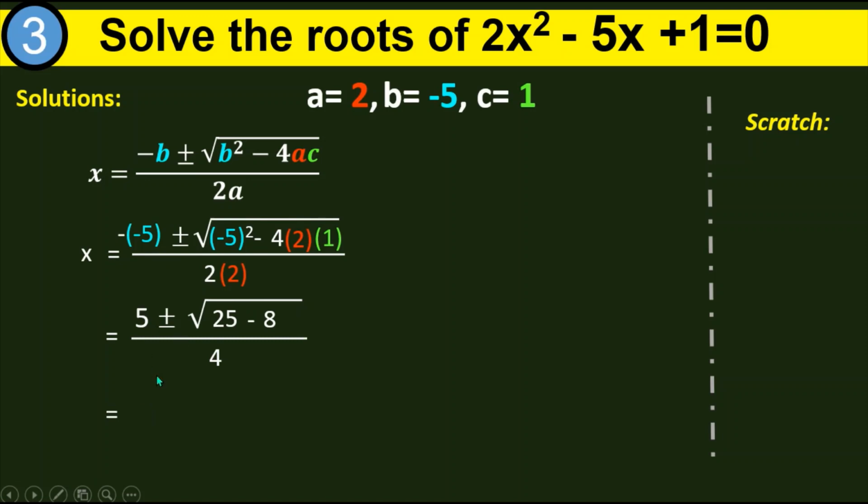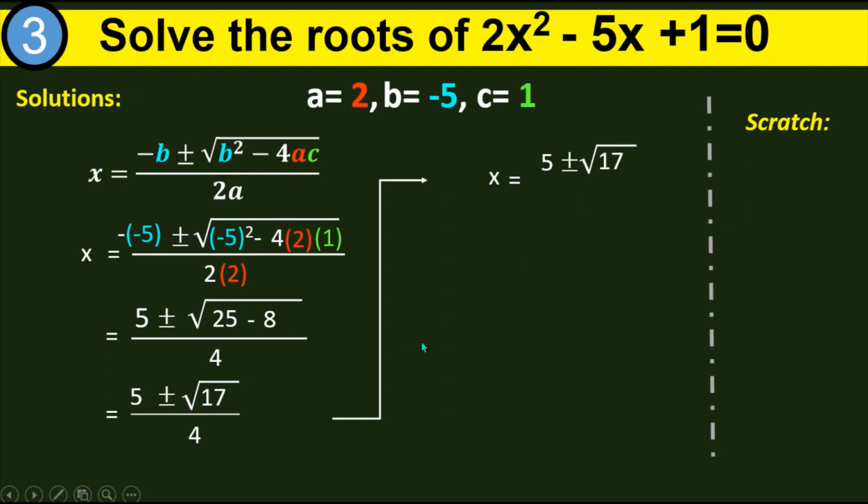Simplifying further, we have 5 plus and minus square root of 25 minus 8 is equal to square root of 17 all over 4. Okay, so next, can we simplify square root of 17? Okay, meron pa bang factor si 17 na merong perfect square number? Okay, kung wala na, ilalagay lang natin is yung square root of 17 all over 4.